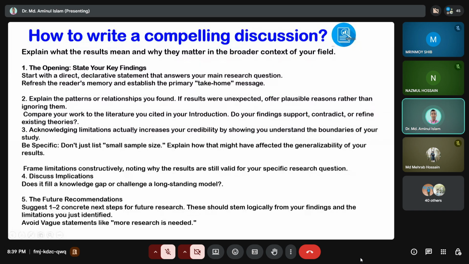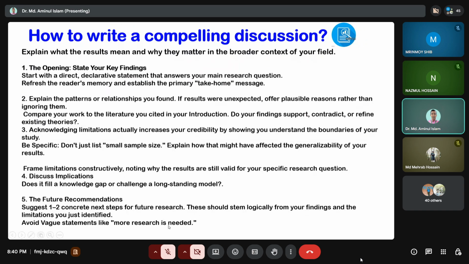Then, acknowledging limitations, because we are not perfect. Every research group has limitations, so you can state your limitations in the discussion. Then comes discussing implications. Does it fill a knowledge gap or challenge long-standing models?